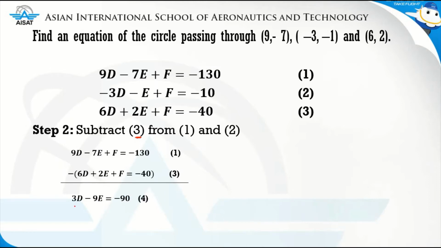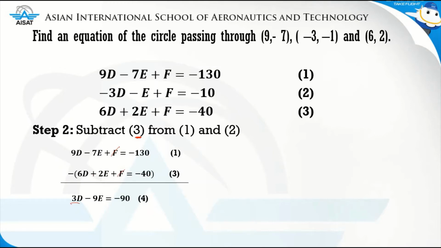9d minus 6d, that is 3d. Next is -7e minus 2e, that is -9e. Next, f minus f, that is 0, so they will cancel out each other. Next is -130 minus -40.